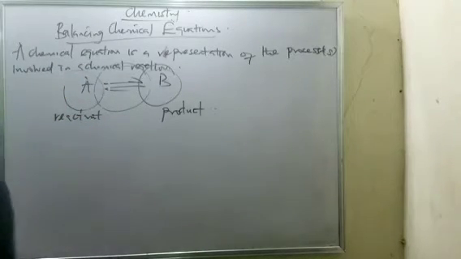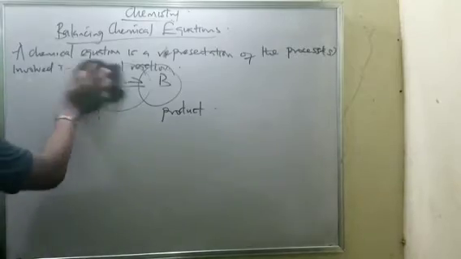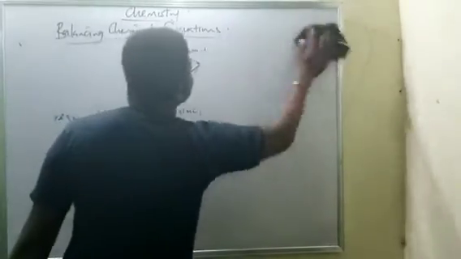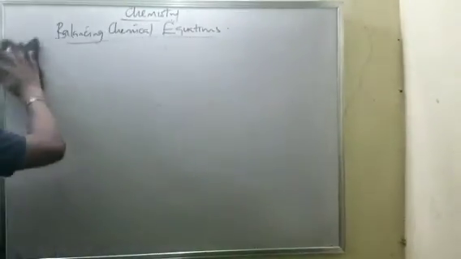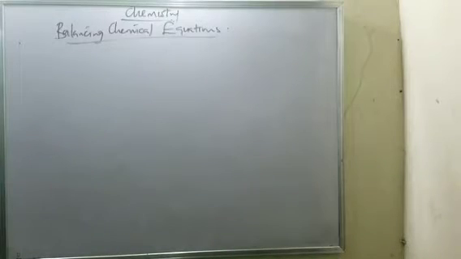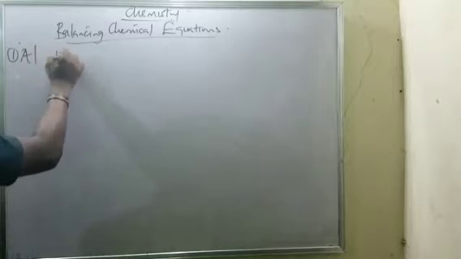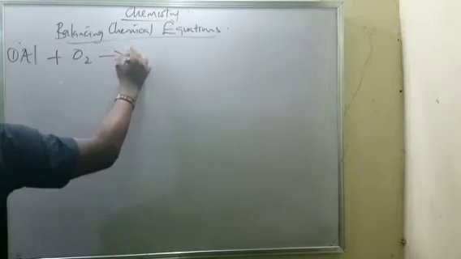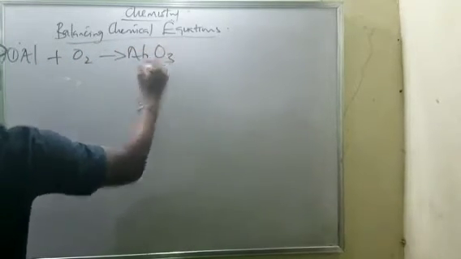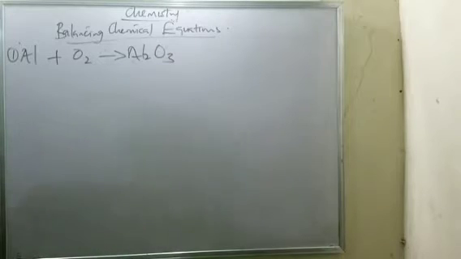So the next thing, I think we should just go straight to the business, which is balancing chemical equations. We'll be starting from the basics, so please do well to follow me through this. Let's say we have an equation: Al plus O2 to give Al2O3.